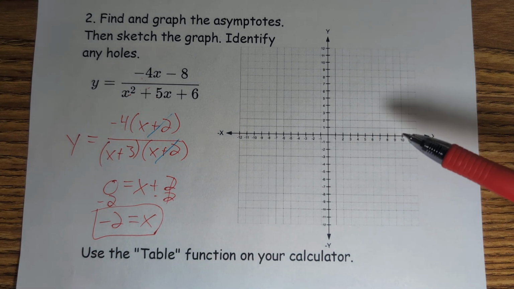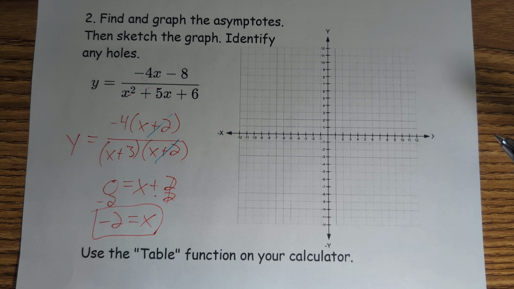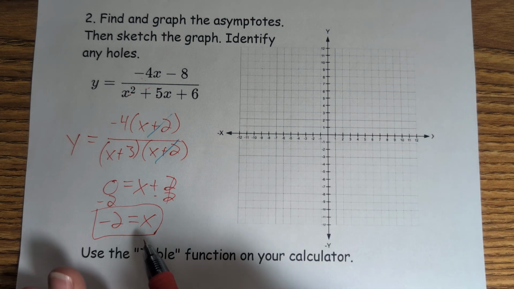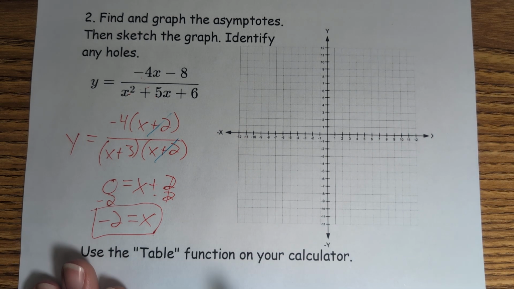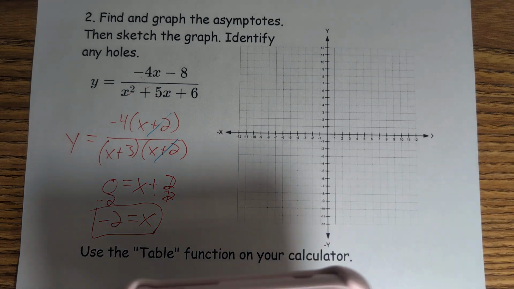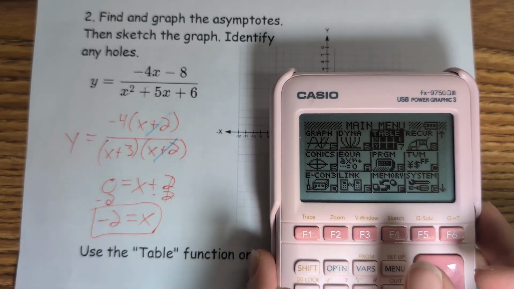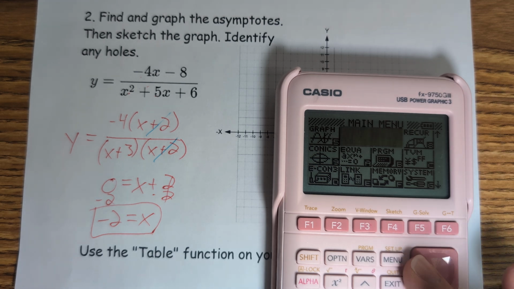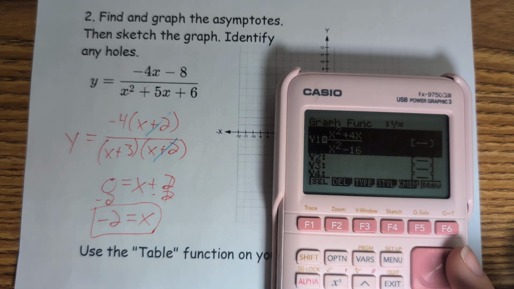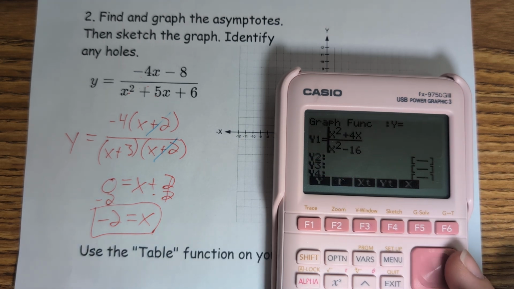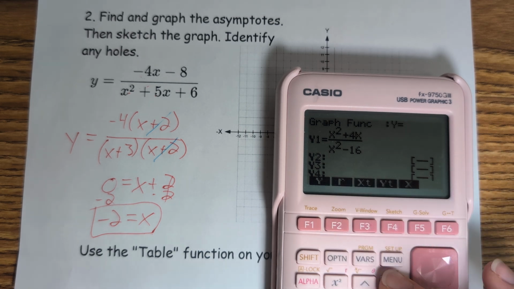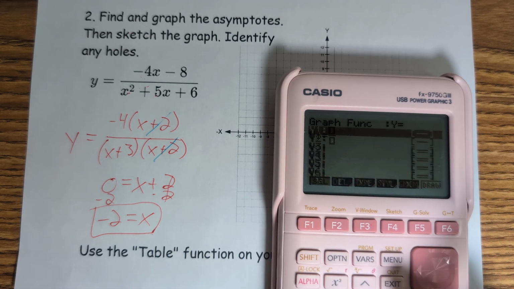If I graph it, then I just know that there's a little hole, a little gap in the graph at that point. And I might not always be able to see it. Let's see here. So let's go to graph, and we'll plug this in, okay? Well, here, let's just delete that whole thing.